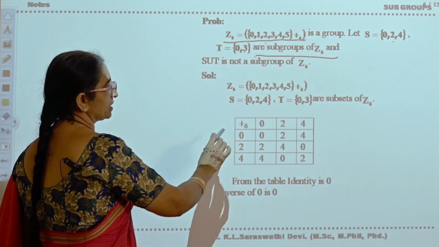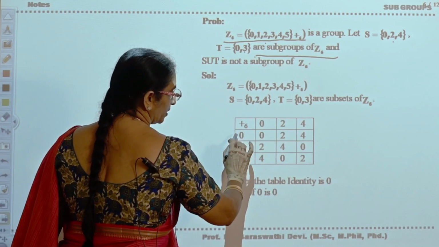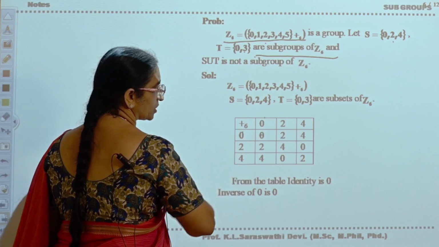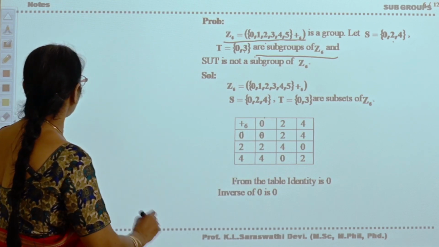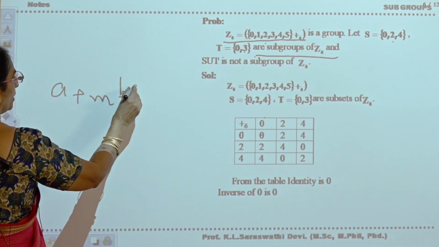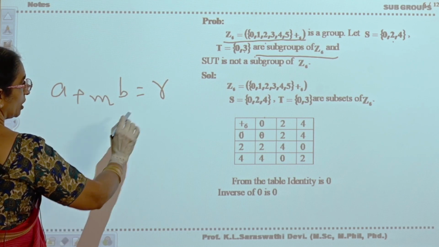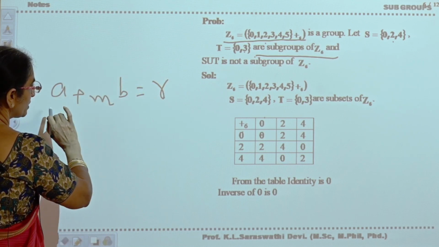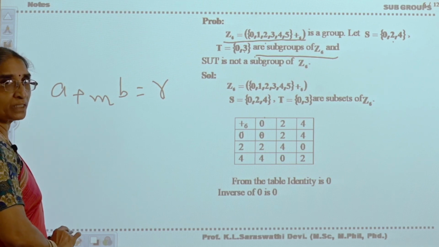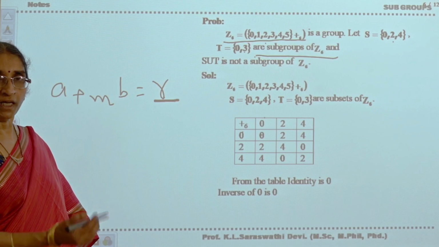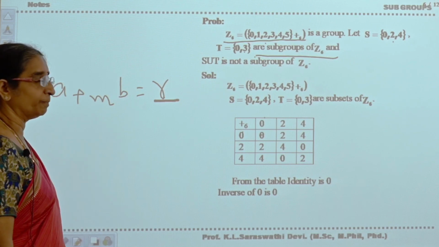Now, 0, 2, 4. Now, put the composition table. 0 plus 0 mod 6 is 0, because of how you have defined it: a addition modulo m b is equal to r, where r is the remainder obtained when a plus b is divided by m.